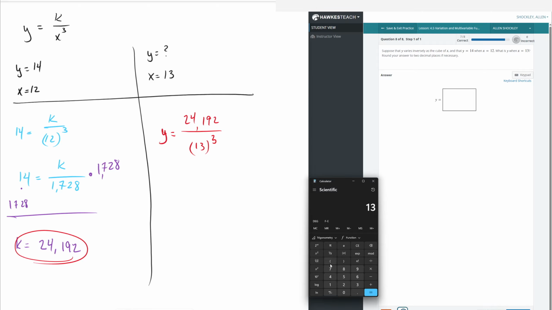I don't trust it, 13 to the third. So y equals 24,192 divided by 2,197.